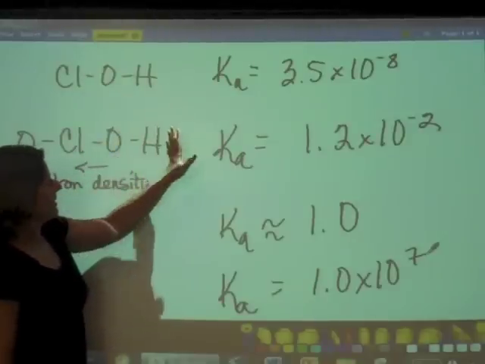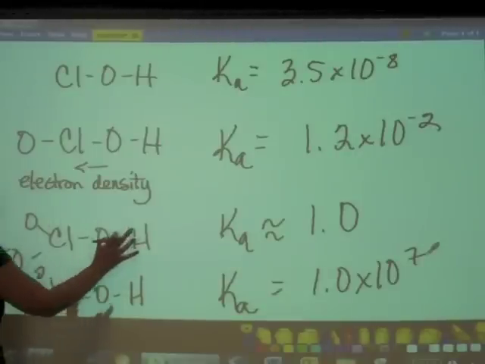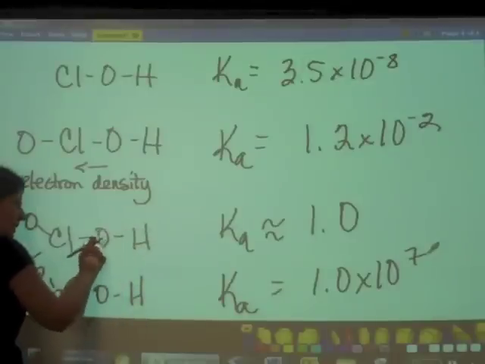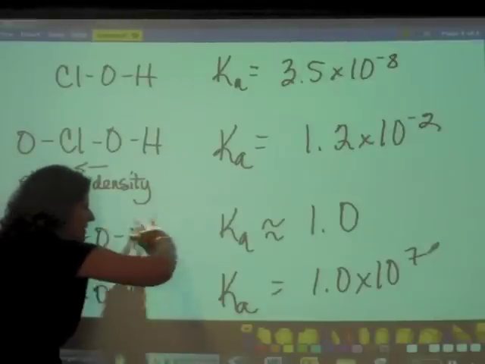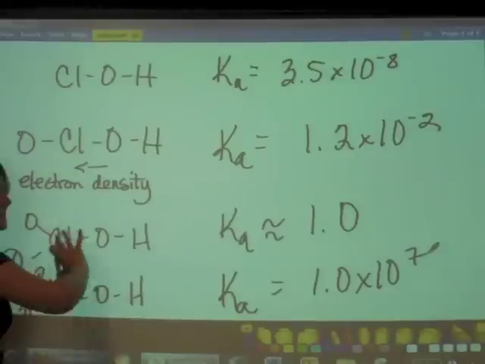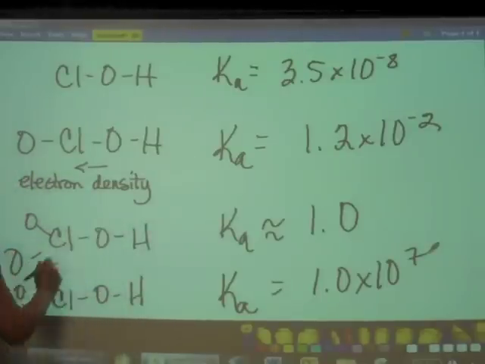So weak acid, but as the oxygens begin to build over here, they pull the electron density over of the entire compound, making it easier. The electronegativity of this becomes less and less. And so it makes it easier for this thing to just dissociate and stay dissociated. It doesn't have much affinity back for this oxygen.